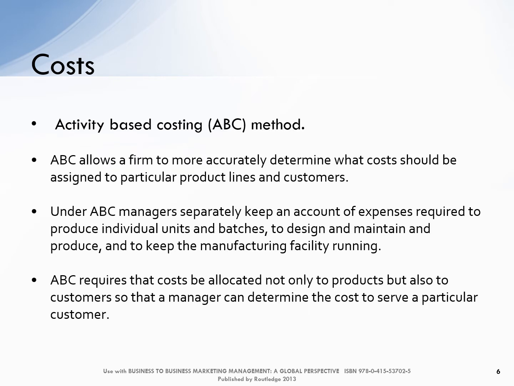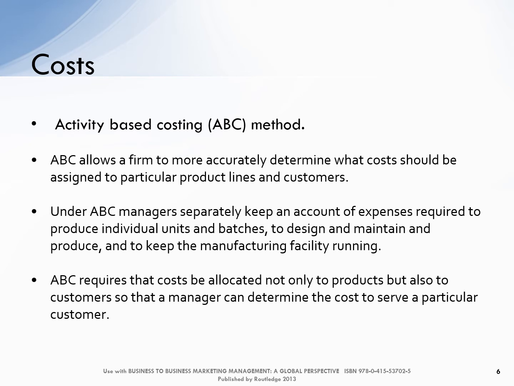Activity based costing method, or shortly we can say ABC method. ABC allows a firm to more accurately determine what cost should be assigned to particular product lines and customers.